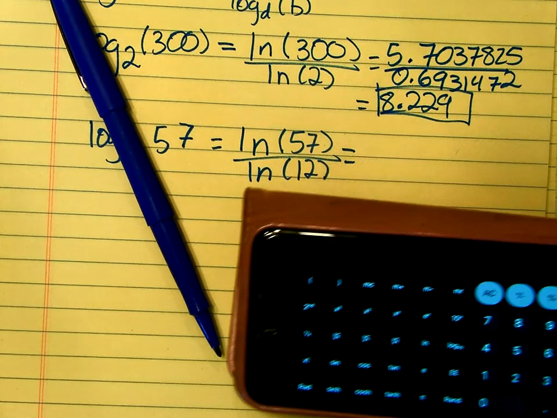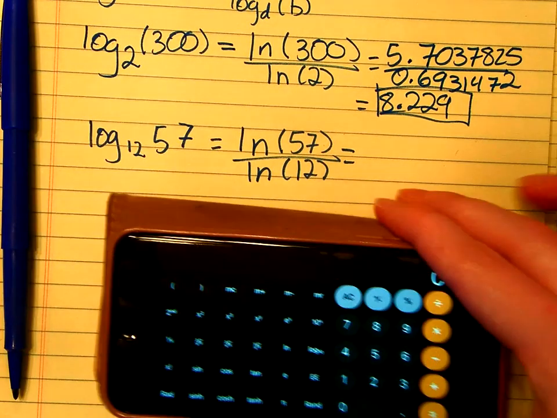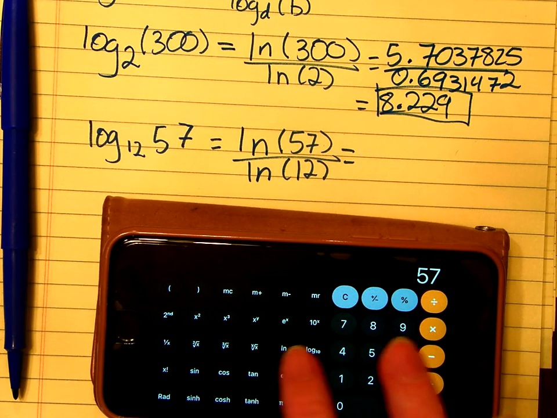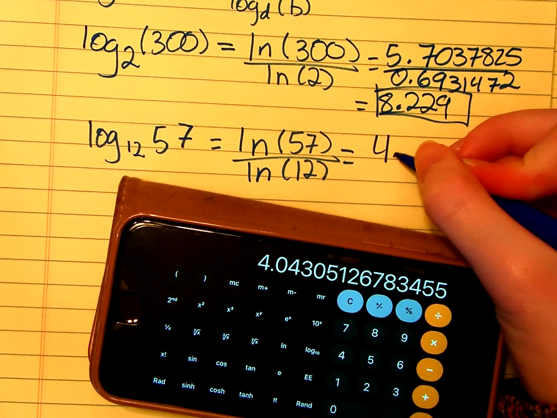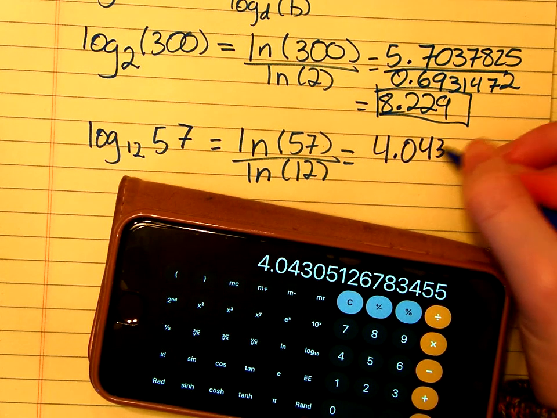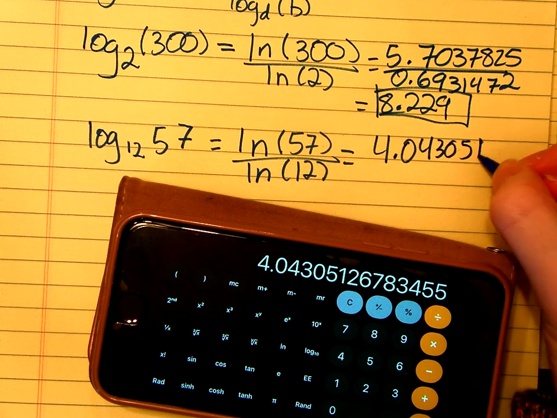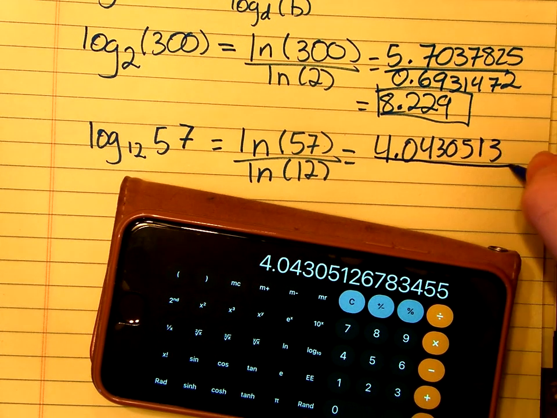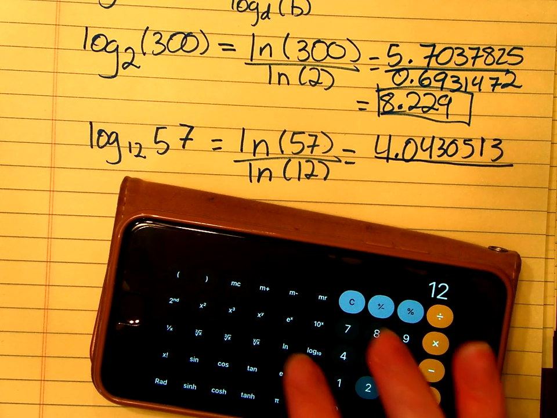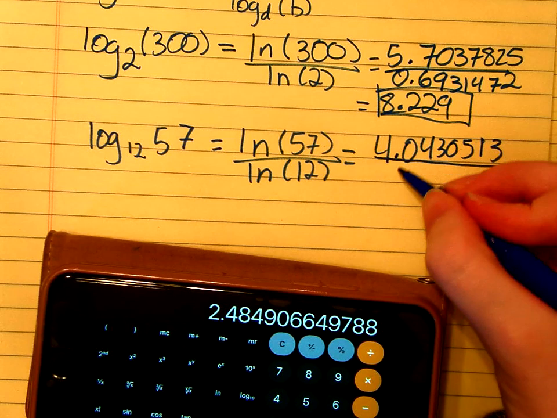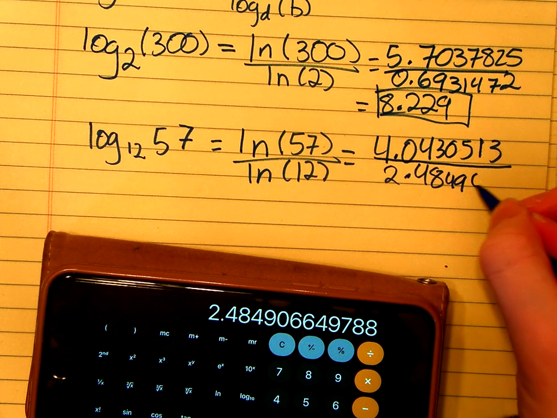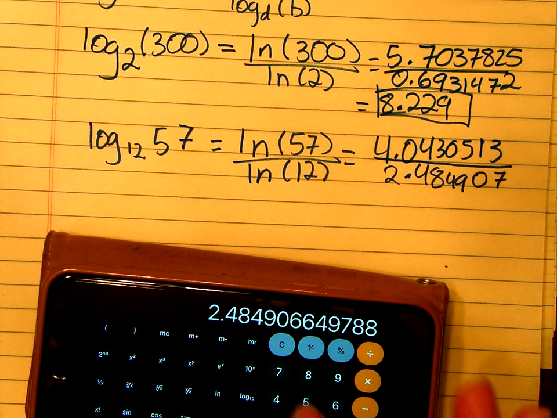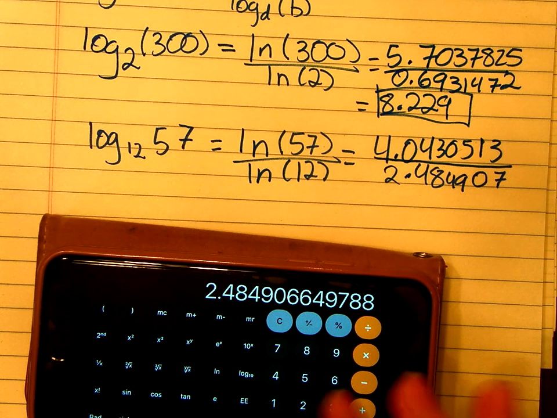So we're going to go ahead and do 57 natural log gives me 4.04305313 divided by 12 natural log gives me 2.484907, and now I actually do that division.